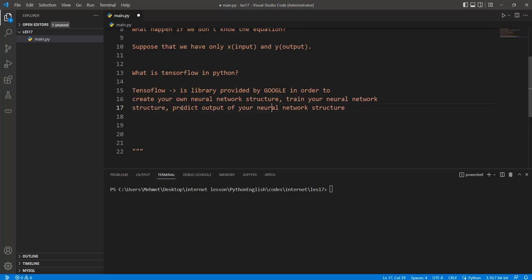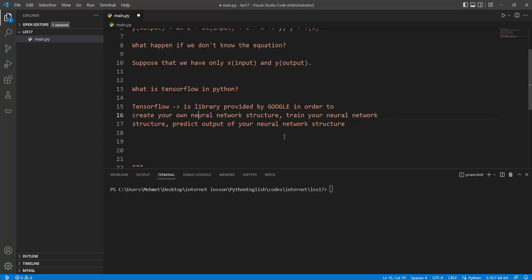For example, 2 inputs can be defined in here in the input layer, and so we can generate 10 neurons in the hidden layer. And so we can add the output layer by using the TensorFlow libraries or the functions, which are written in both C or C++ or the Python programming language.